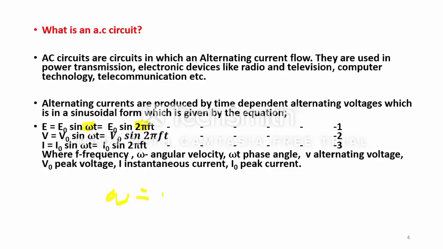So in place of omega, we replace it. All these ones are the same. For EMF, we have peak EMF sine omega t, and in place of omega, we put 2 pi f. Here we have peak voltage sine omega t, and in place of omega, we put 2 pi f. But it's still the same thing. Let's move forward.